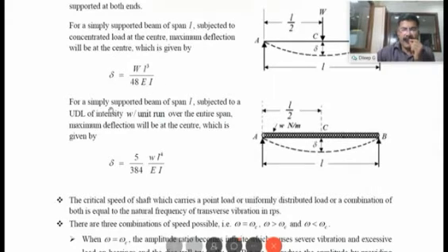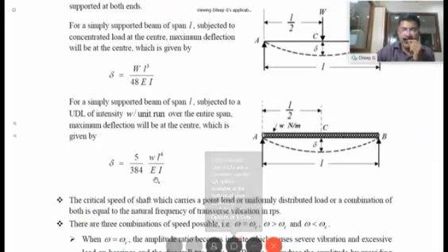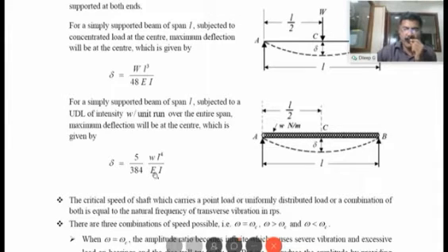Now, for a simply supported beam of span L, subjected to UDL, uniformly distributed load, of intensity W Newton per meter or Newton per millimeter, over the whole span, the maximum deflection again will be at the center, which is delta, given by delta is equal to 5 divided by 384, W L raised to 4 divided by EI, where W is the rate of loading, L is the span of the beam, E is the Young's modulus of the material of the beam, and I is the moment of inertia of area of cross section about the neutral axis.